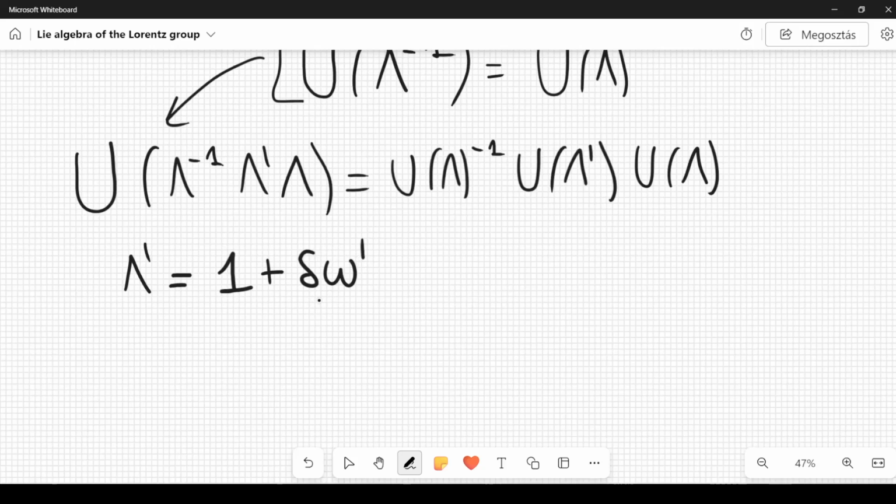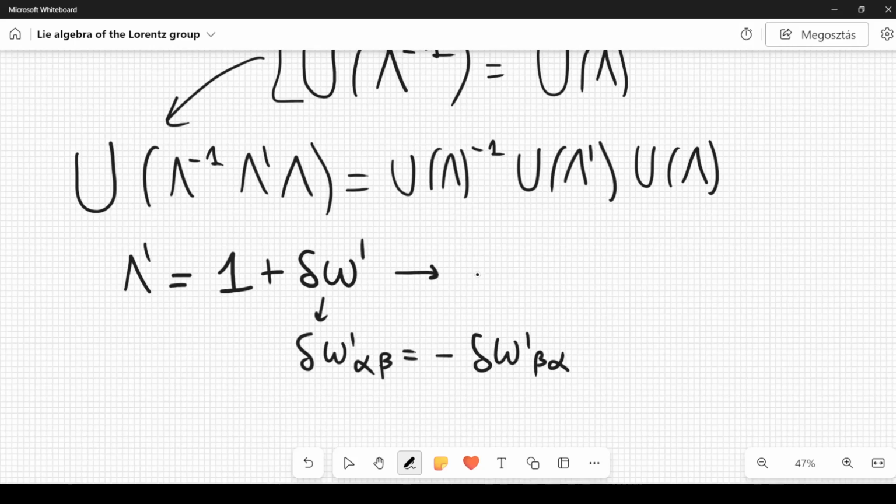You have to remember that in the case of infinitesimal Lorentz transformations, this object is anti-symmetric, so using index notation, with two indices alpha and beta, because it can be treated as a matrix, delta omega prime alpha beta is equal to minus delta omega prime beta alpha.